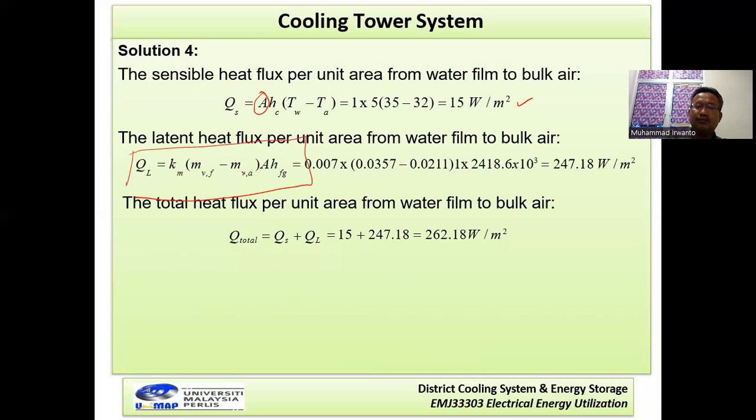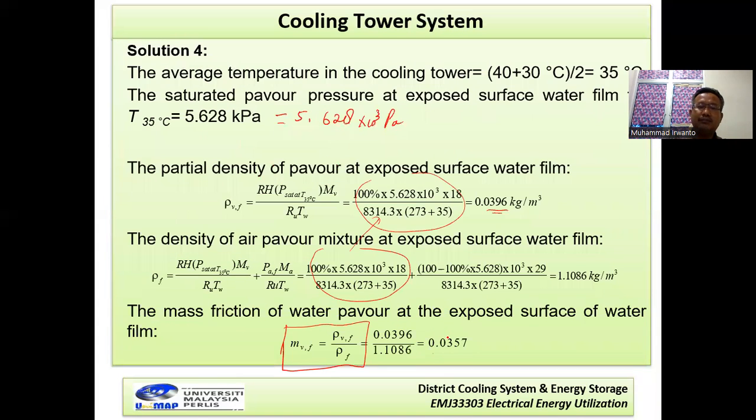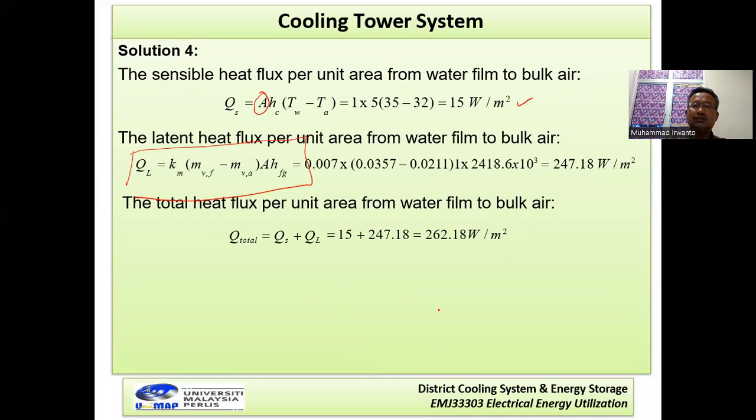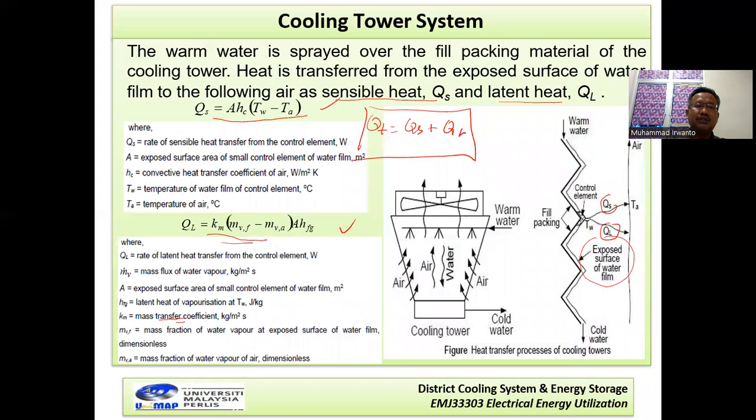MPF and MPa are what we have calculated here. The cross-section area A is 1 meter squared, since we take it per meter squared. And HFG is the latent heat of vaporization at TW.